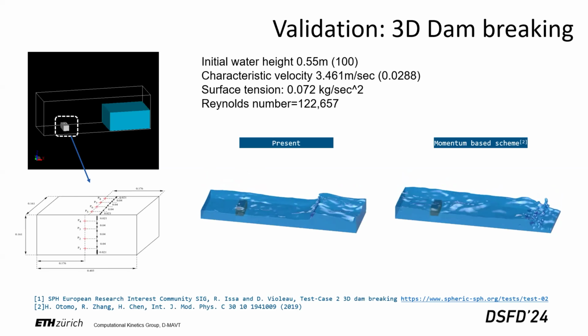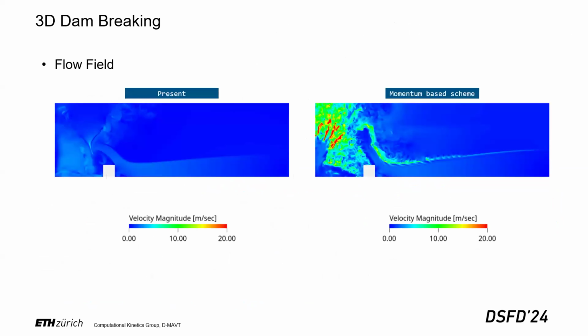This is because we observe some dissipation around the interface soon after hitting the obstacle. Here the water is shaped this way, and this is the velocity profile. The right one is the momentum-based scheme and the current one is the present scheme.